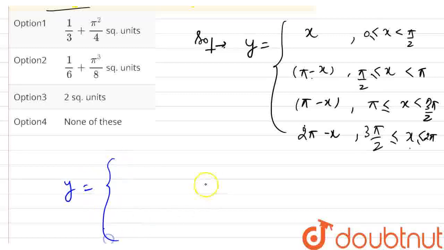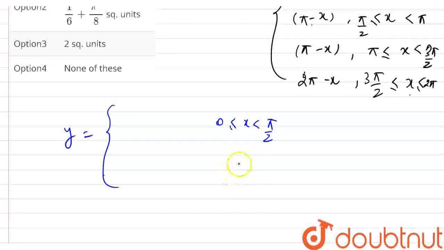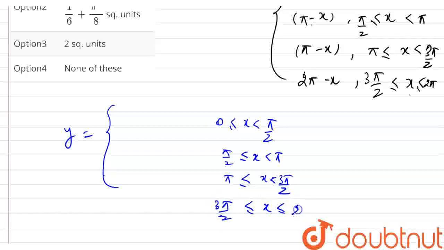So my y will be equal to, from 0 to pi by 2, now from pi by 2 to pi, now from pi to 3 pi by 2, and finally from 3 pi by 2 to 2 pi.